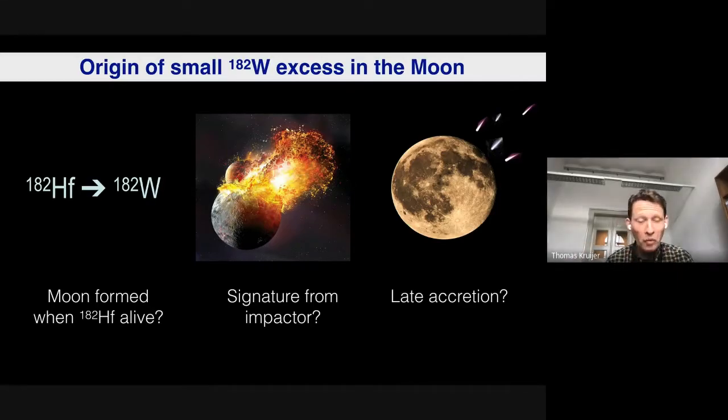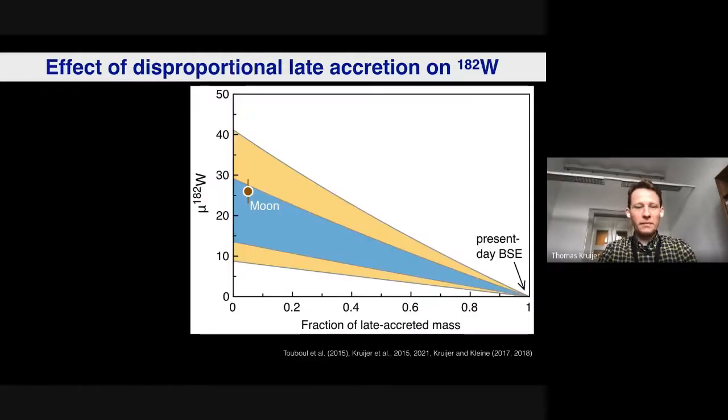Now, what is also important in that regard is that we also know from highly siderophile element abundances that the moon had much less late accreted mass. So late accretion occurred on both bodies, but it was disproportional. And this by itself can create a tungsten isotope difference. Now, how this works is shown here in this diagram.